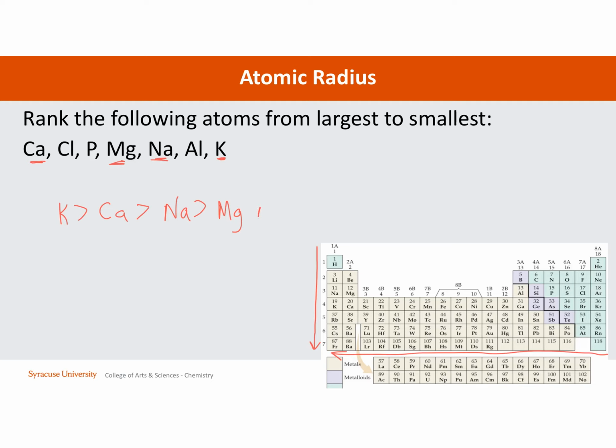After magnesium, we would have aluminum. After aluminum, we would have phosphorus. And then last, we would have chlorine. So again, the farther we go down a group, the larger the atomic radius is. And as we go from right to left in the periodic table, the atomic radius also increases.